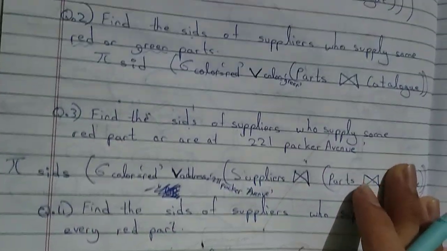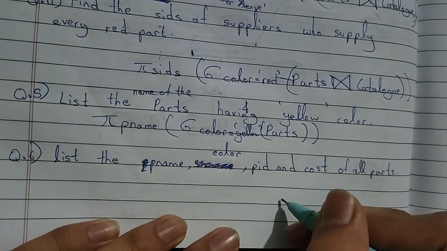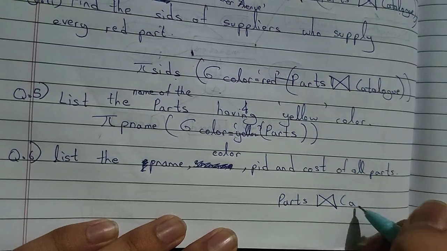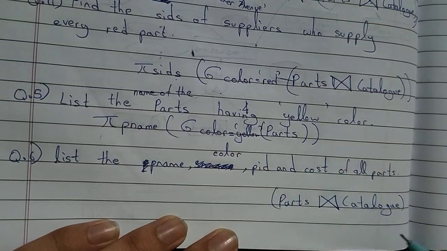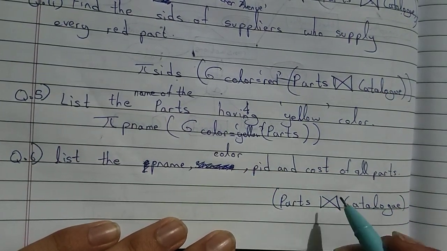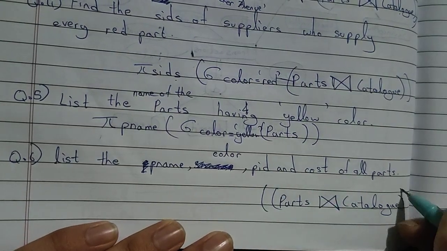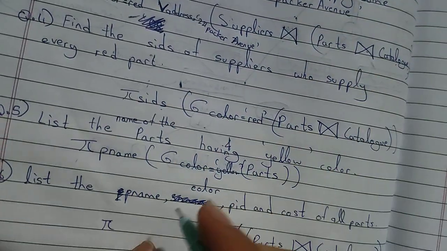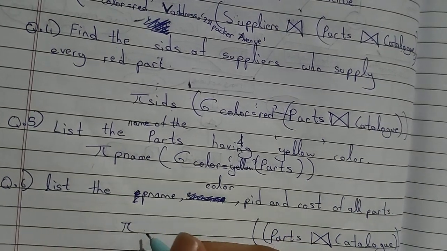Now for that, firstly we must link these two tables together, right? So we'll be linking our parts relation along with our catalog. And now we need to select all the records. If we just leave it as it is, we select all the records. But what do we want to project from the columns? From the columns we only want the product name, color, PID and cost, so we'll only show those columns.